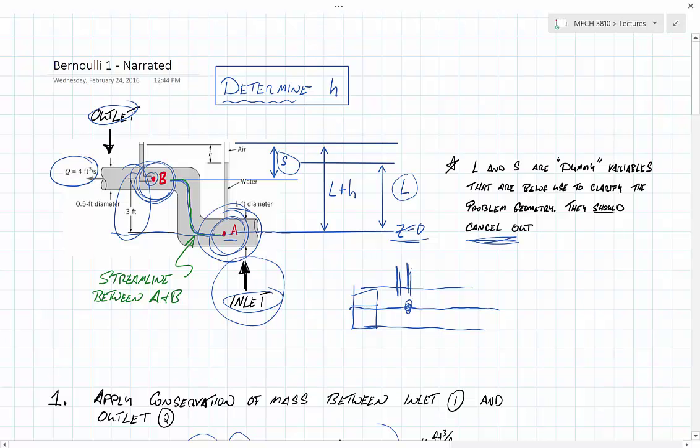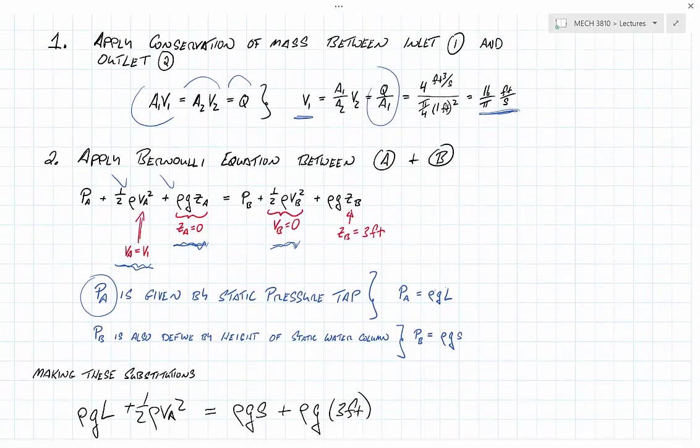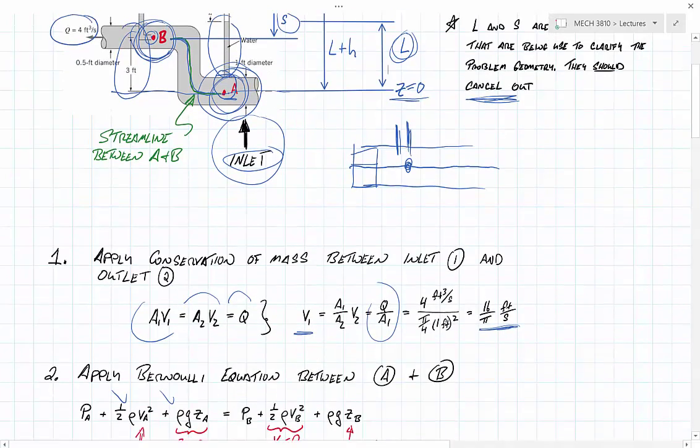So the static pressure tap is going to be the total height of this fluid plus this distance here, so from A all the way up to the top of that column, which we have defined in this particular instance as being the quantity L. So PA is rho g L, and PB can also be defined by the height of the static water column. PB is rho g S. Now, what do I mean by that?